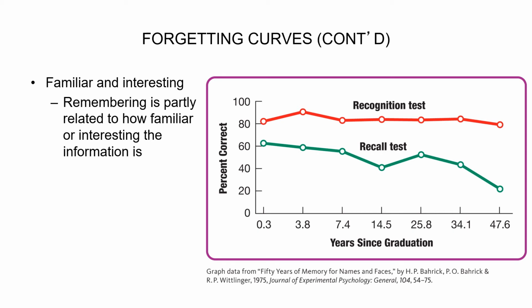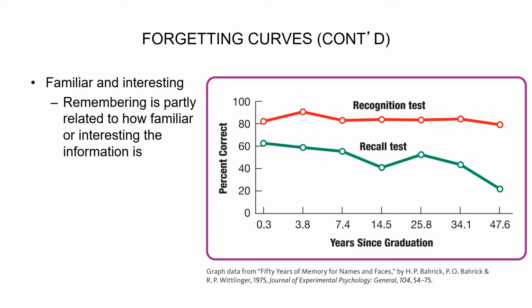This is relatively familiar and to some people interesting, but even then, after years and years since graduation, it does tend to decline. But on a recognition test, even after 47 years, that information doesn't decline.